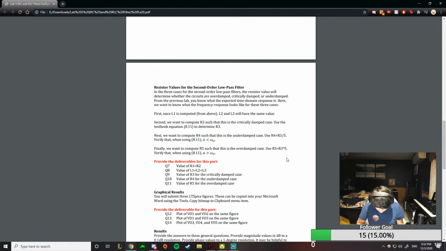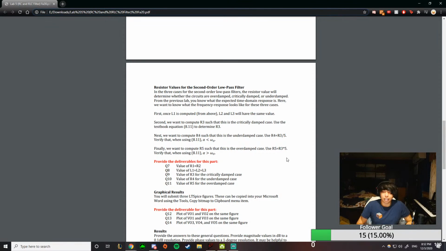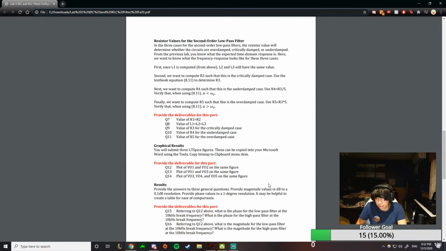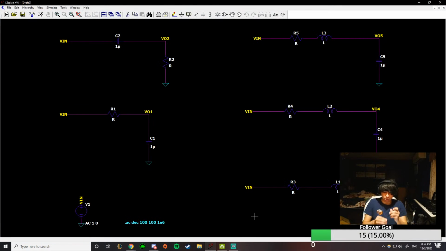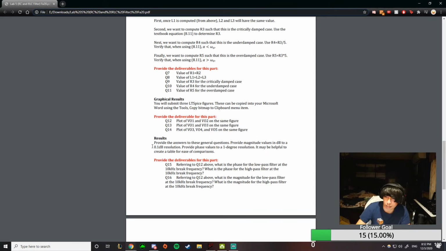R5 is equal to 200 times 5. And that is equal to 1000 ohms. And that is overdamped. Alright. So those are those deliverables. And I can submit my LTSpice graphs, which I have not made yet.